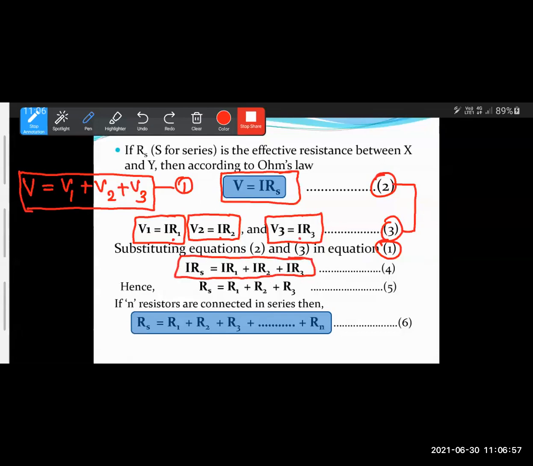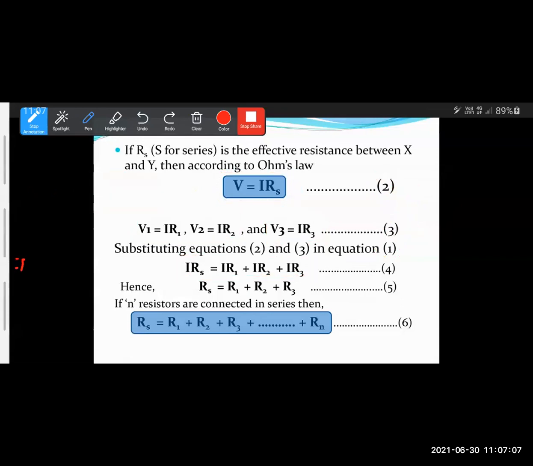Now, if we take I common, what do we get? IRS will be equal to I times R1 plus R2 plus R3. Then this I will get cancelled. So what do we get as the final equation?